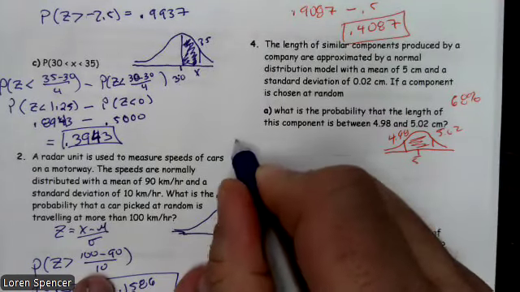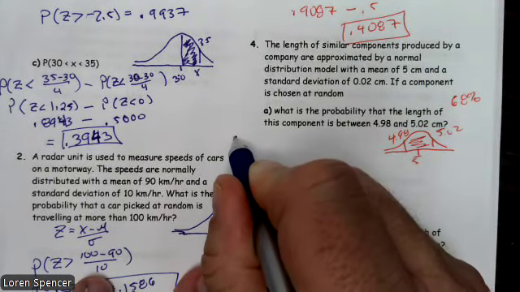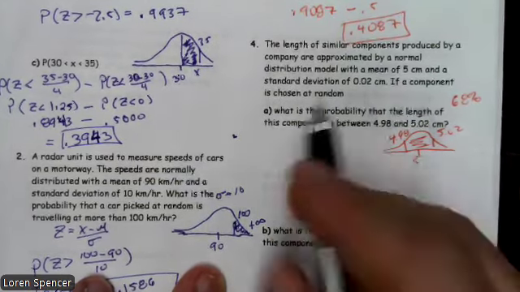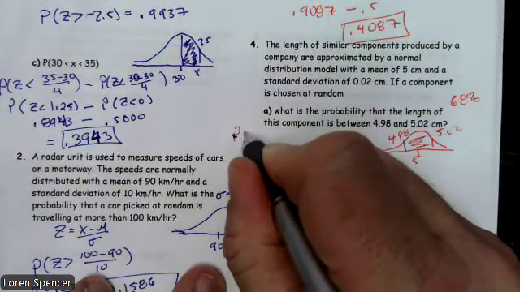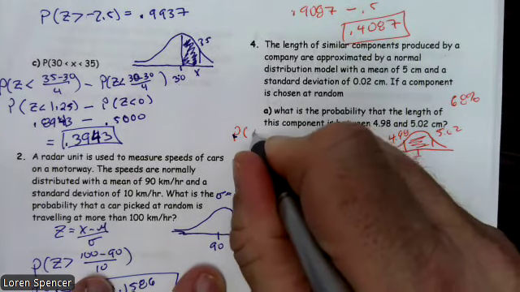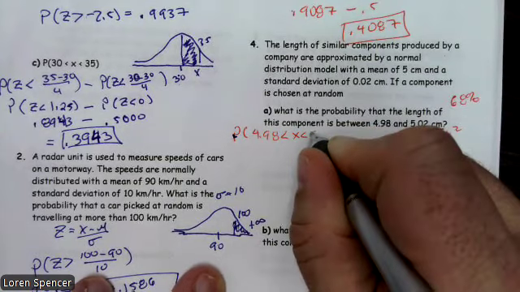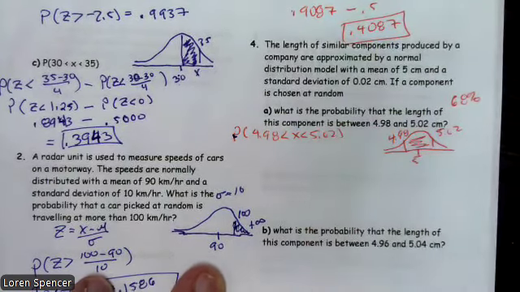And I don't have a whole lot of room, so I'm going to scoot way over here. So the probability statement is going to be the probability that 4.98 is less than X is less than 5.02.